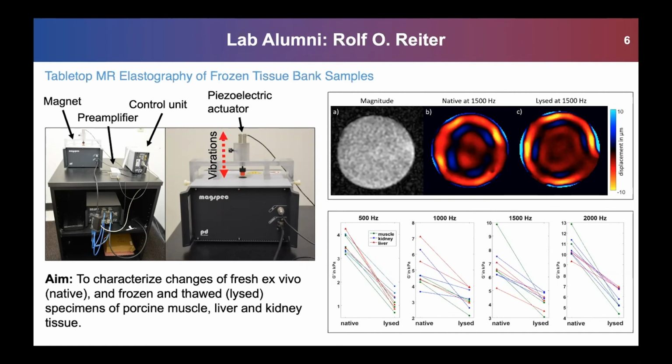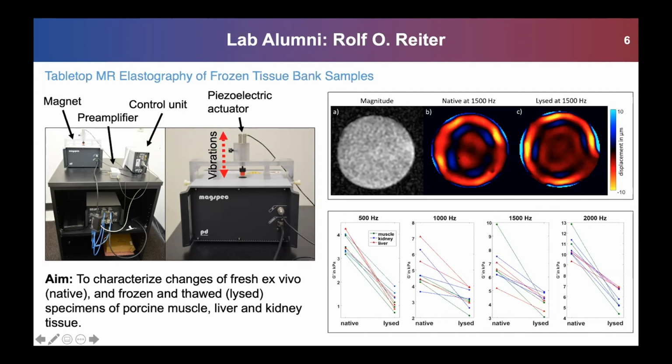However, the evidence about changes of rheological tissue properties through freeze-thaw events is currently limited. So the aim of his project is to characterize changes of fresh ex vivo, also known as native, and frozen and thawed, which is known as lysed, specimens of porcine muscle, liver, and kidney tissue.